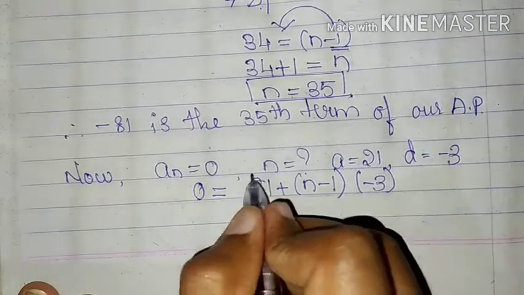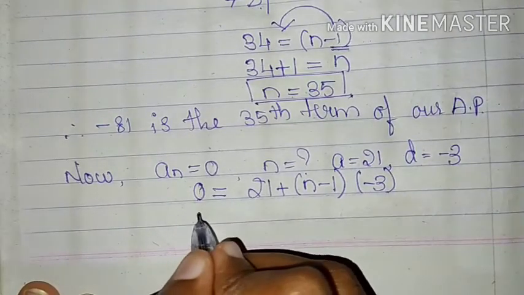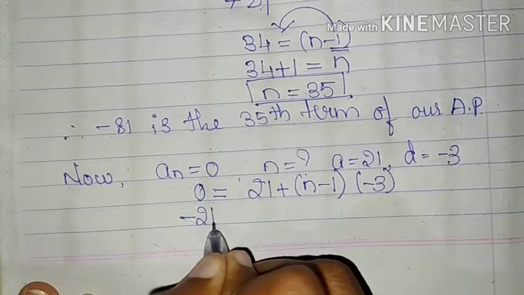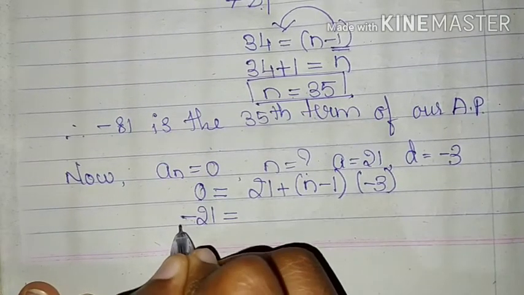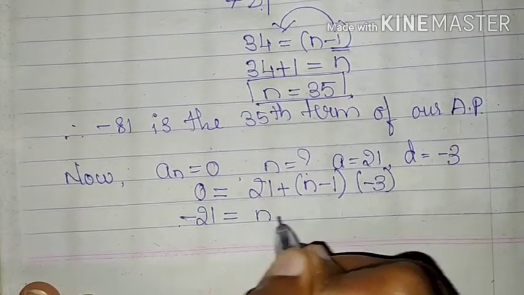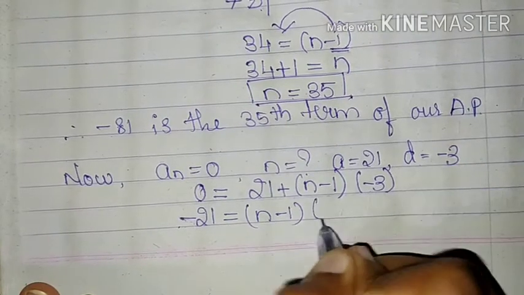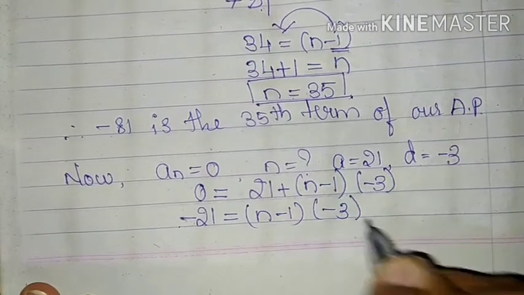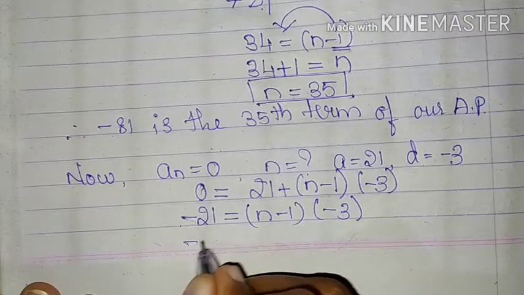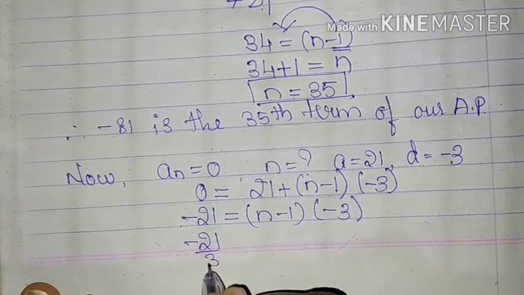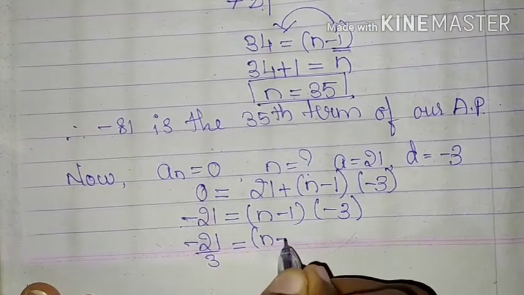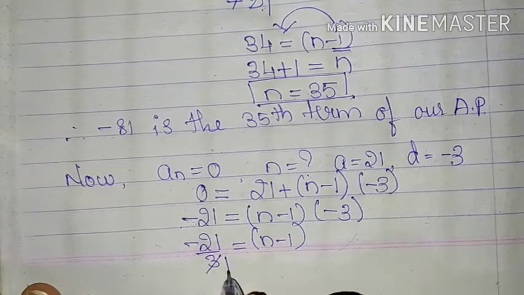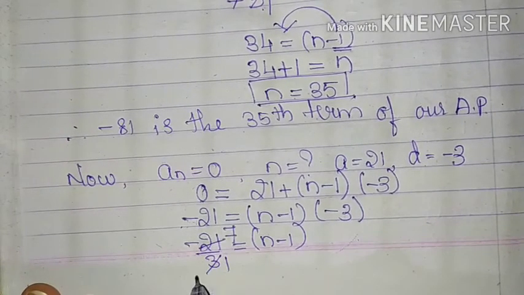So now once again repeating the same transposition procedures, minus 21 is equal to, because 0 minus 21 is minus 21, we get N minus 1 into minus 3. So once again transposing, we get minus 21 divided by 3 is equal to N minus 1. 3 ones are 3, 3 sevens are 21.